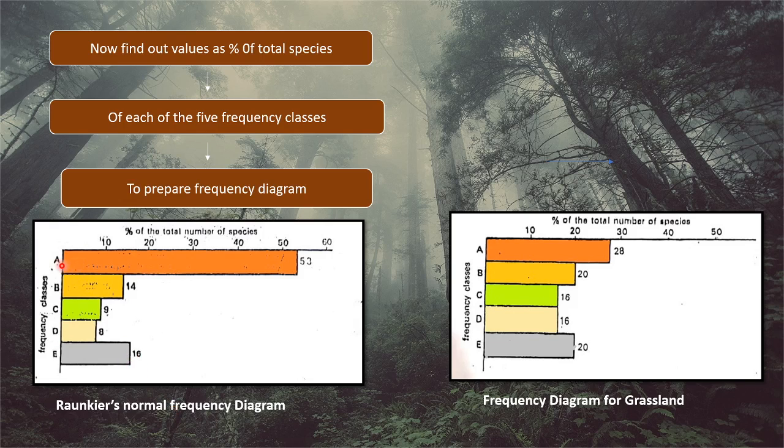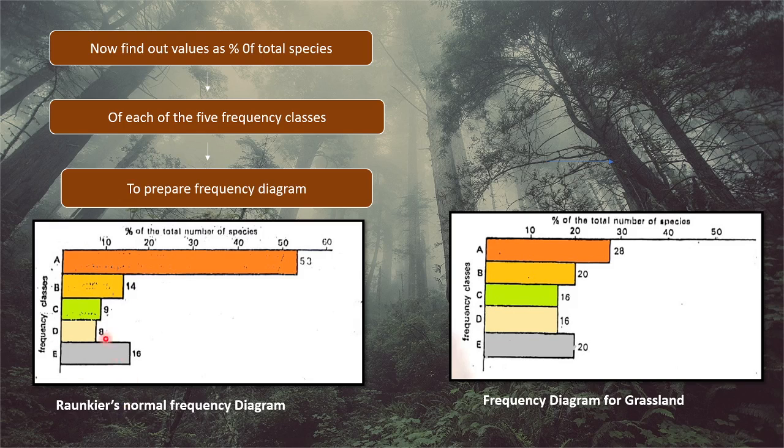What he has shown is that plants that belong to frequency class A are 53%. So 53% of plants belong to frequency class A, 14% of species belong to frequency class B, 9% belong to frequency class C, 8% belong to frequency class D, and 16% of species belong to frequency class E, right?